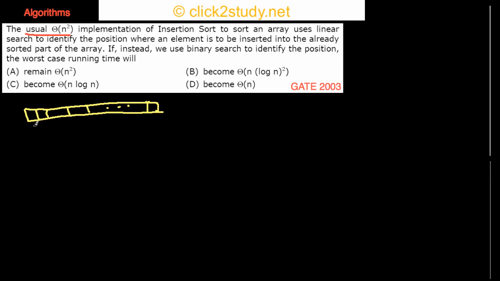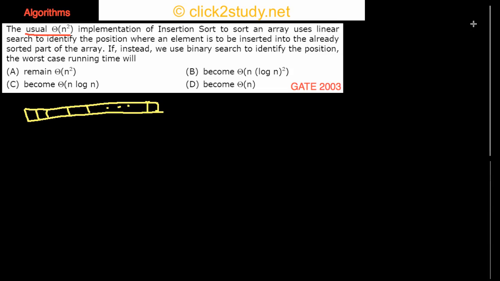You start with the first element. This is always sorted. Then you pick the next one and put it at the right position. Then you will have two elements that are sorted, and then you pick the third one and put it in the right position. That's what you do with the usual implementation.